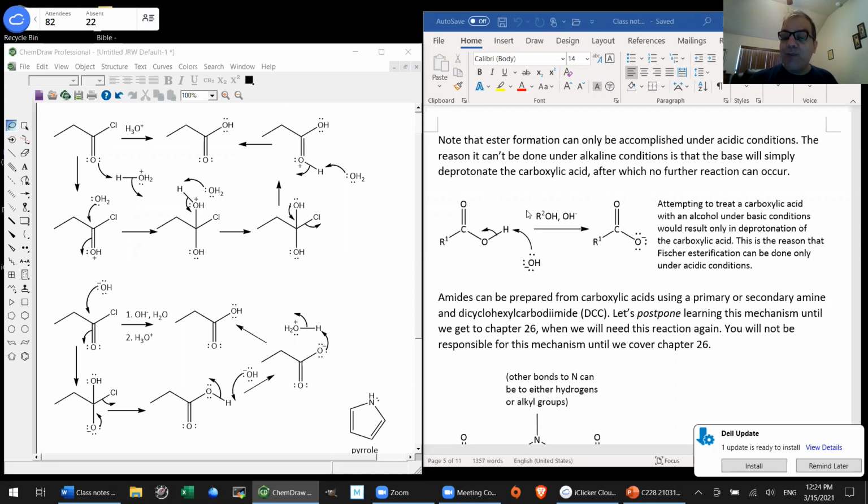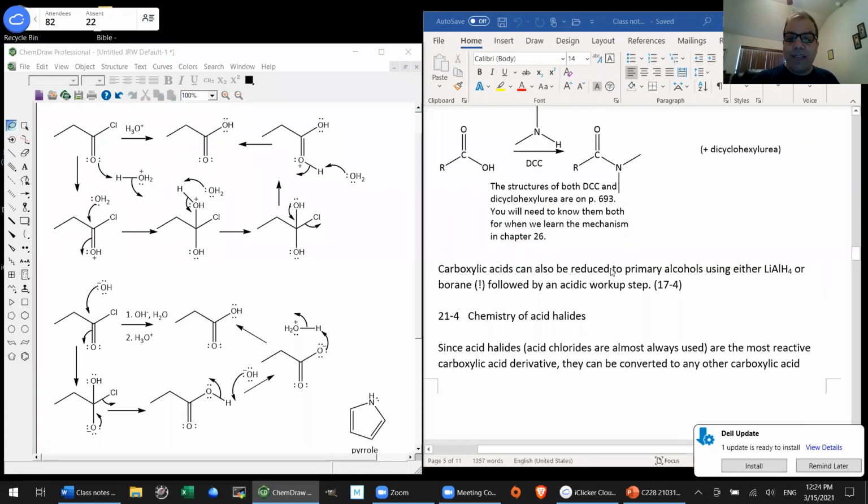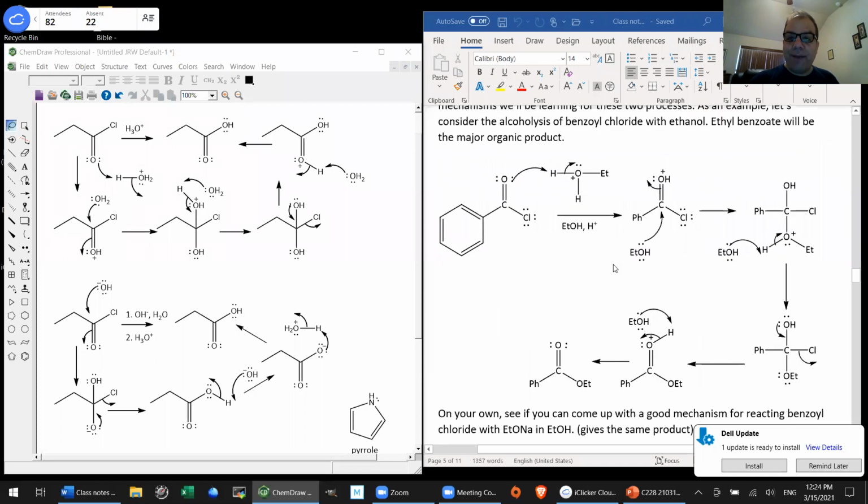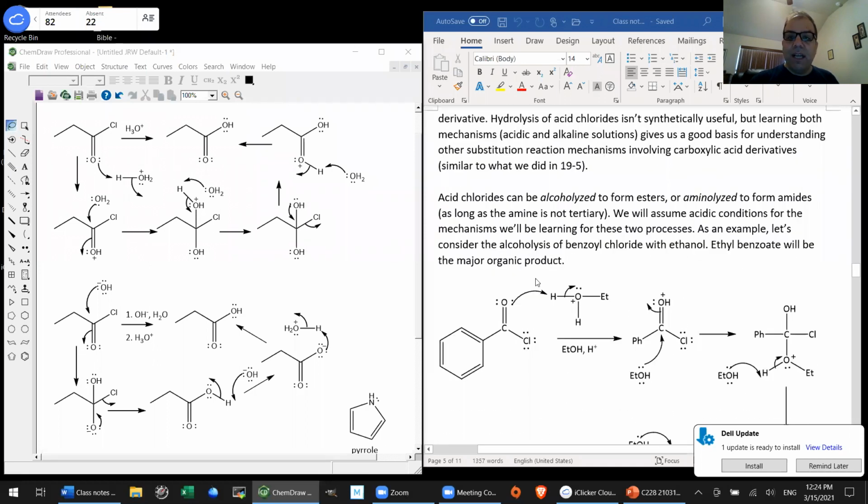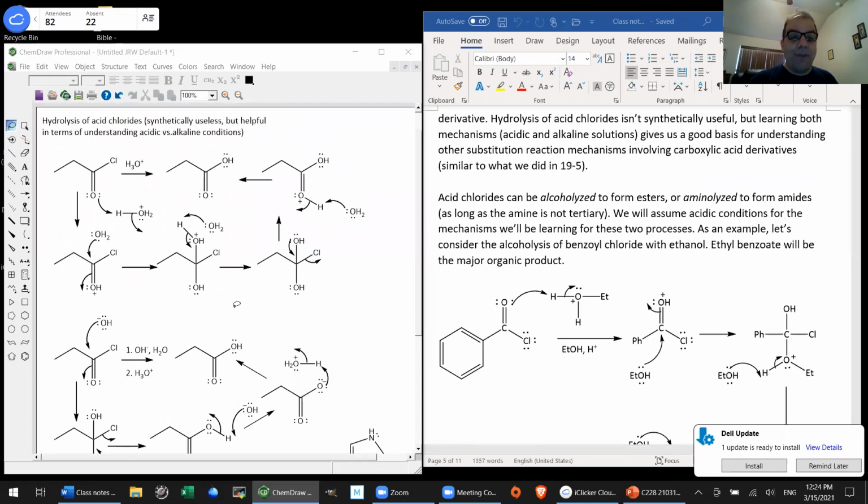So the way you remember what can and cannot happen under which set of conditions is by understanding the relative reactivity of the species. It's not arbitrary. There's always a good reason for it. Good, so I think that's all we really need to say about that in terms of this hydrolysis business. Any questions in either of those mechanisms?